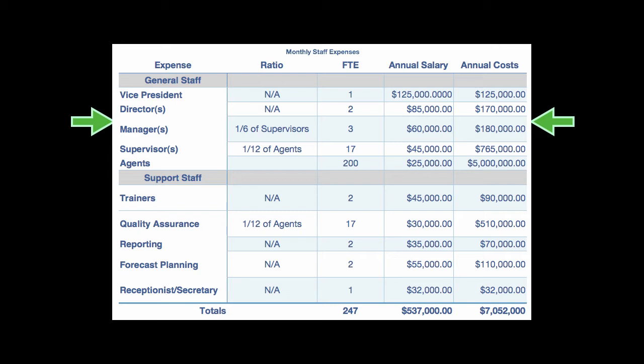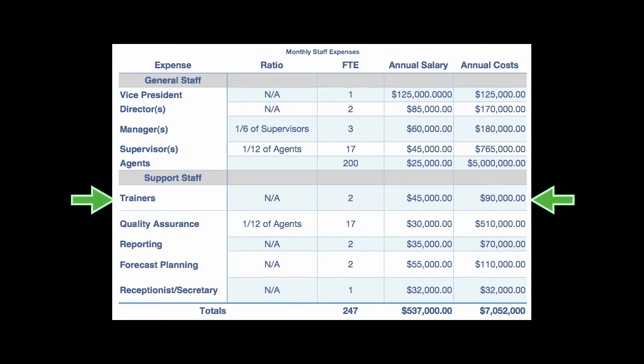And the ratio side is what we've said is that sometimes you may not have a position filled, but it's always good from a budgeting perspective to know what your annual spend is likely to be, so ratio out the number of managers based on the number of supervisors you have. As you can see, we've said there's one supervisor for every 12 agents. So if you have 200 agents, then you're going to have 17 supervisors. So that kind of perspective.